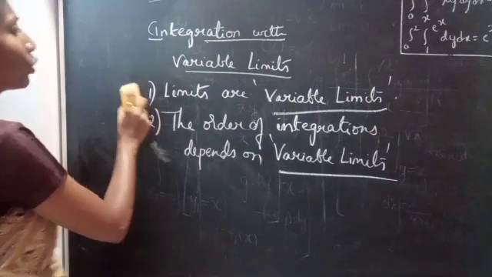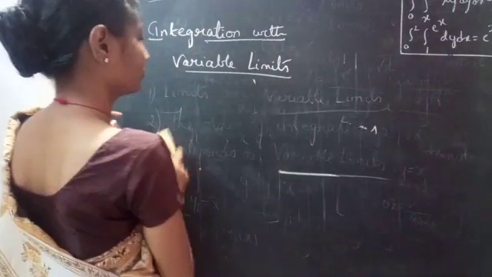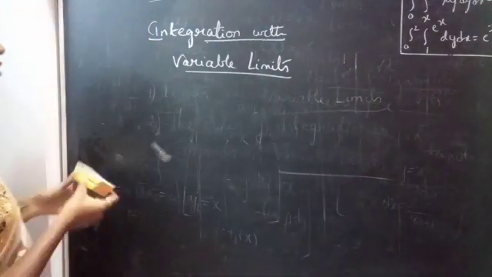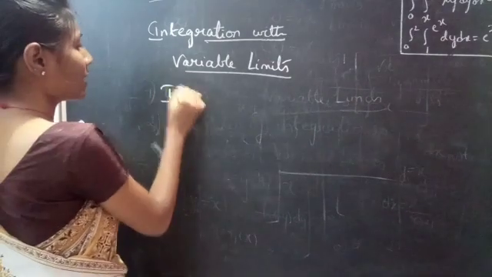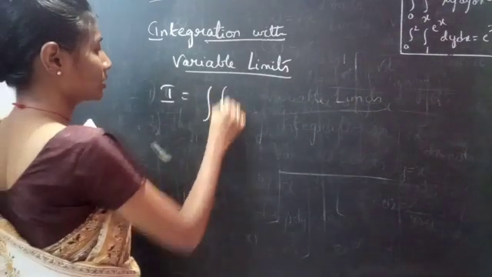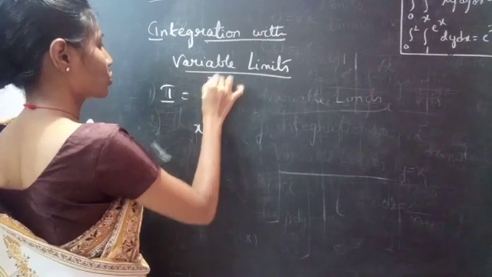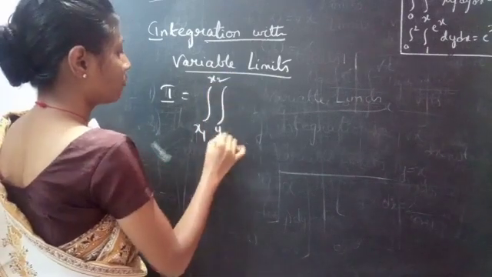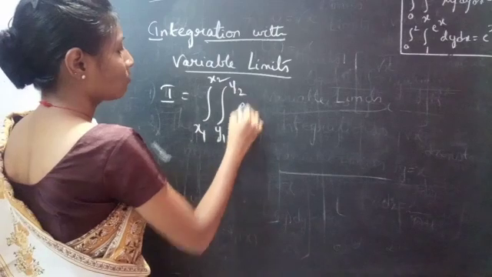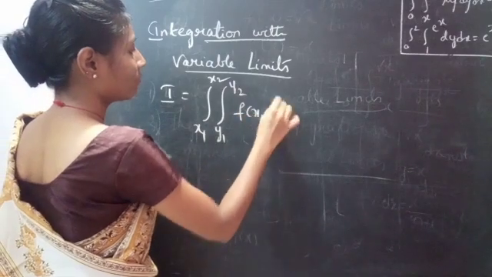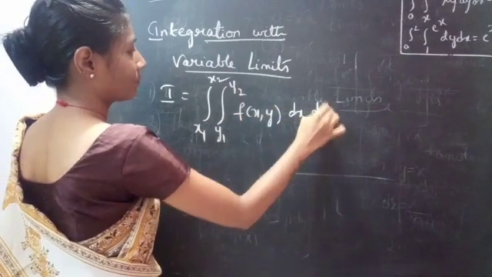Suppose I equals to double integral x1 to x2 and integral y1 to y2 of function of x comma y into dx dy.